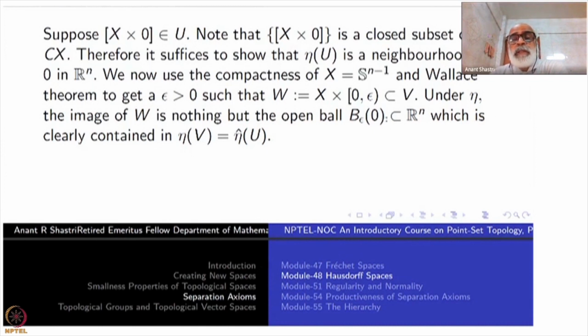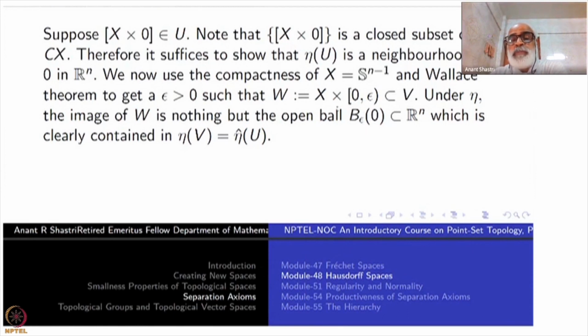Okay. Under eta, the image of W is nothing but the open ball B epsilon 0. This is a unit vector. I am multiplying it by some number between 0 and epsilon, so it will give you a vector of length less than epsilon. All vectors of length less than epsilon are inside this one.